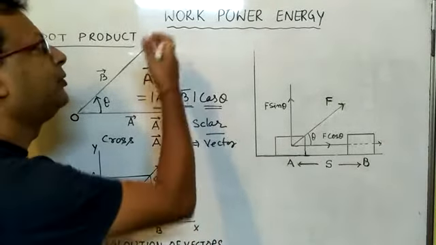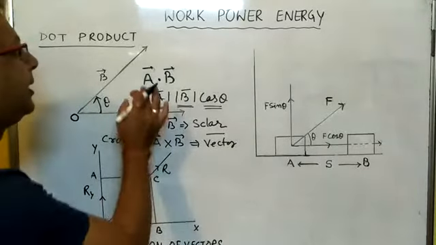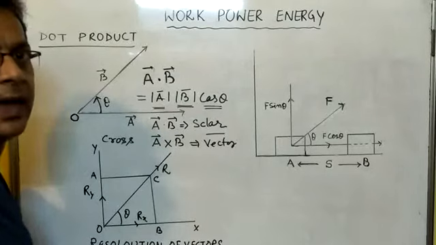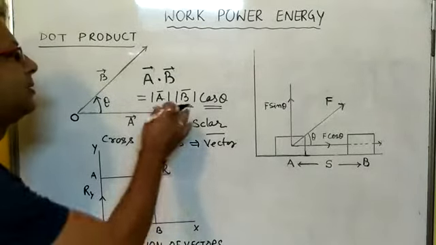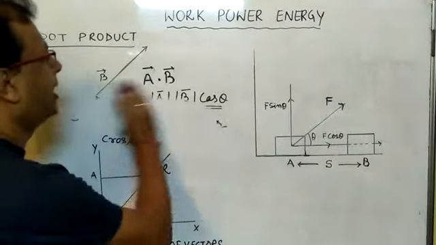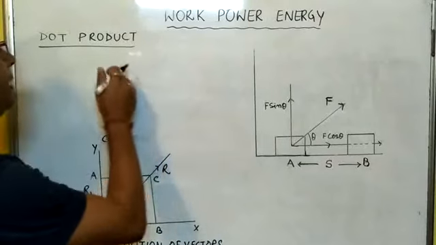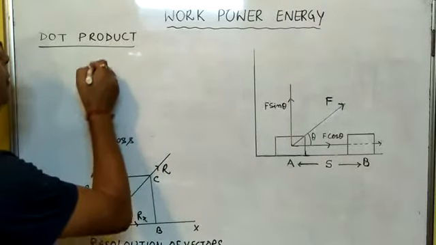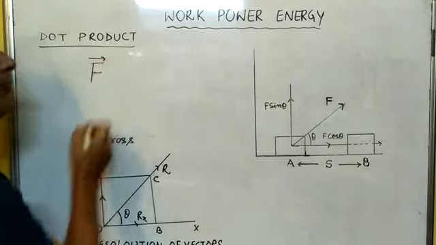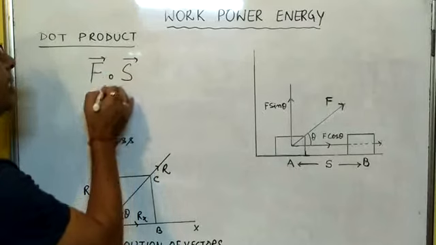So this is what we'll be using in defining work. Understand that if you multiply two vectors and the answer is a scalar quantity, then it is called a dot product. For example, force is a vector and displacement is also a vector.